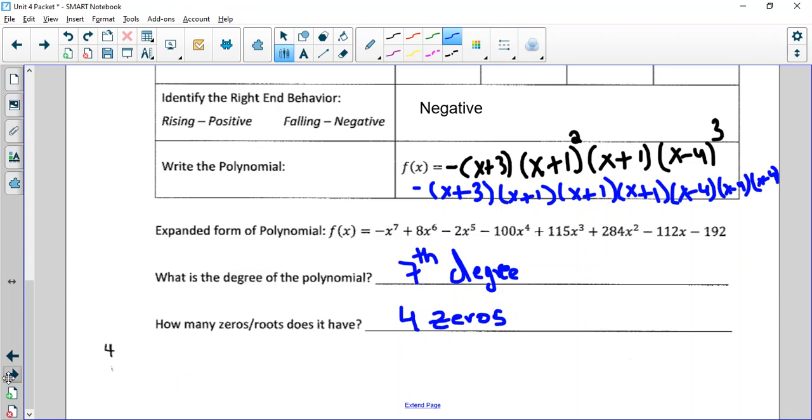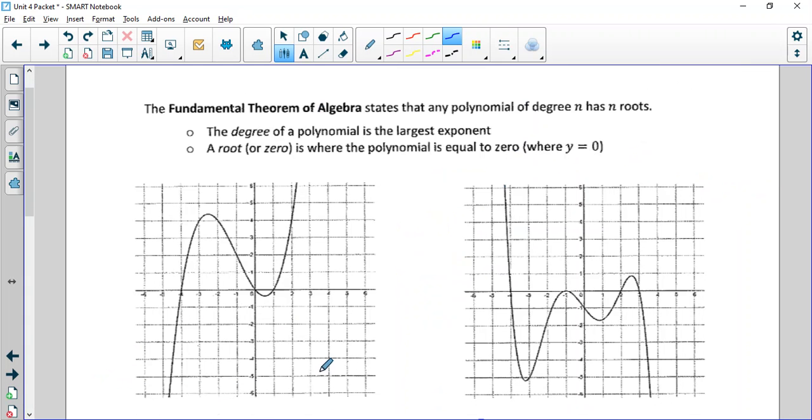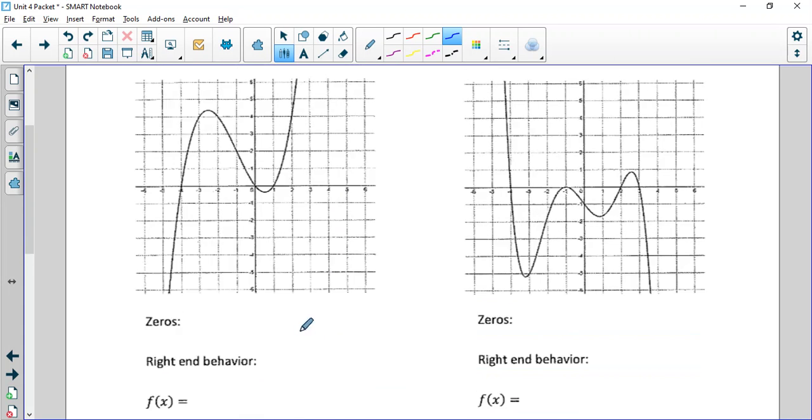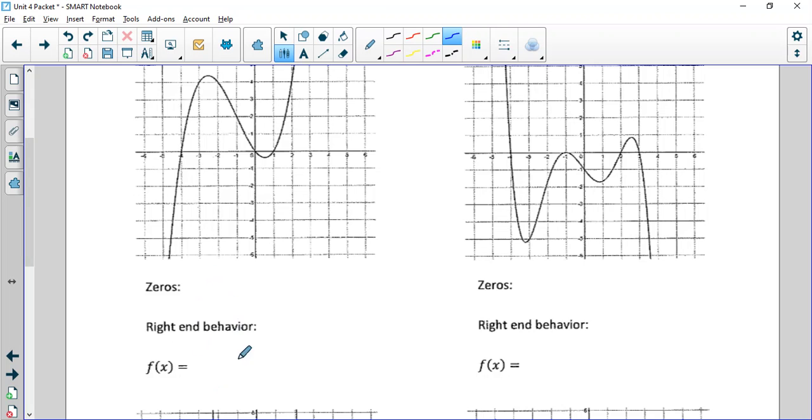Okay. So let's look at the practice page. So it says here, let's look at the zeros. So basically you have this graph here, and we're going to have to find the end behavior and basically the function. So what you do is you go through and identify the x-intercepts.